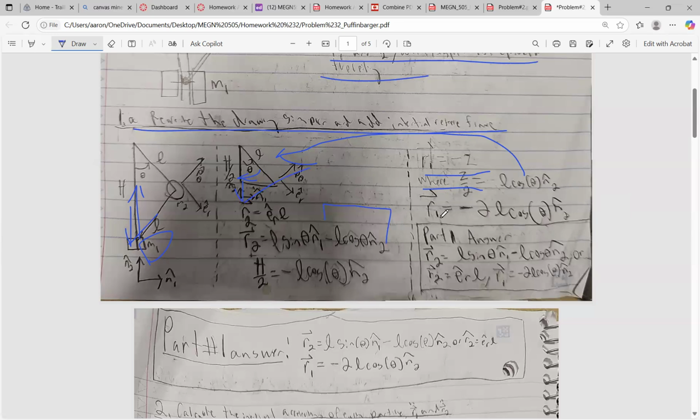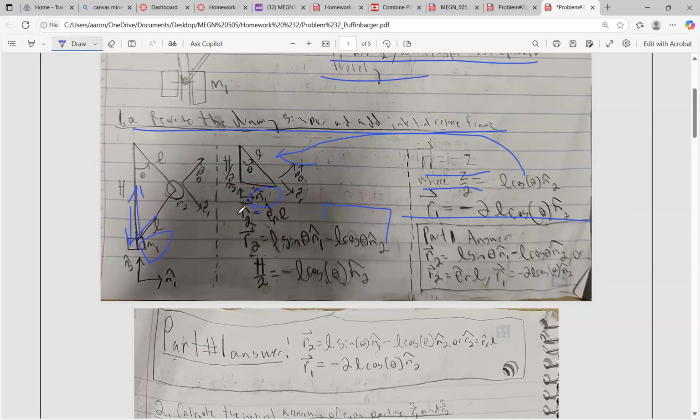That's how I got R1. R2 made more sense to me because it's a composite of this N1 vector here and this N2 vector here, which is more clearly drawn here and here.